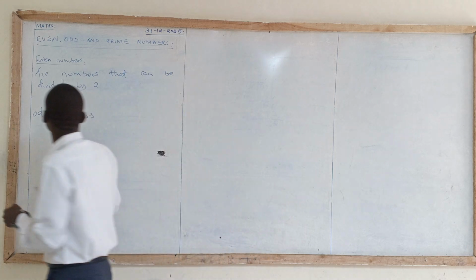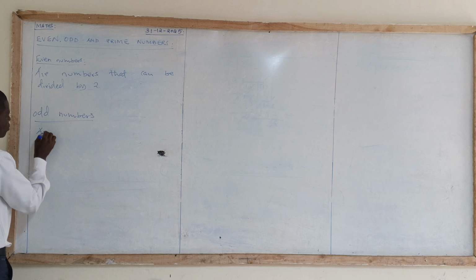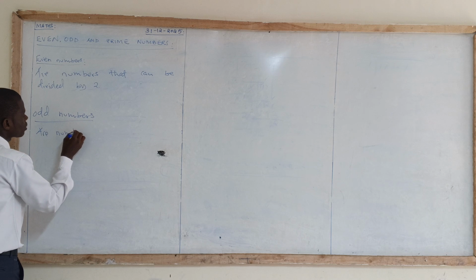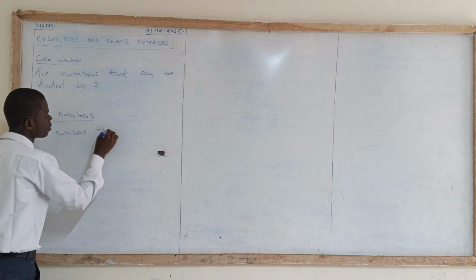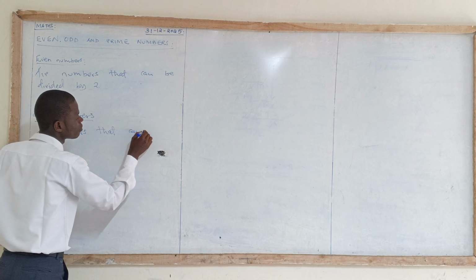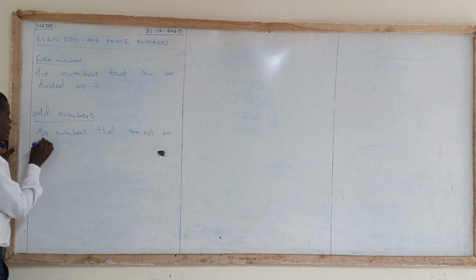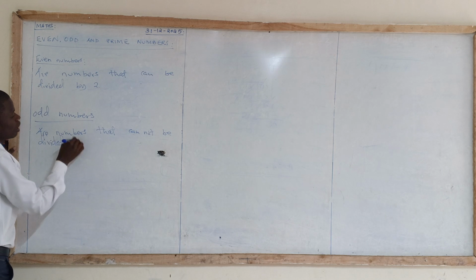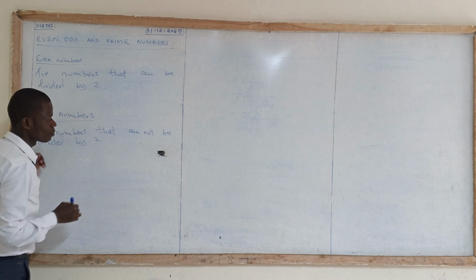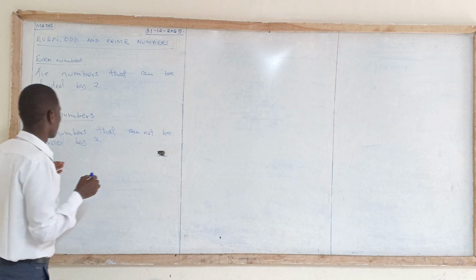So let us say odd numbers are numbers that cannot be divided by 2. That's one definition. What did we say?